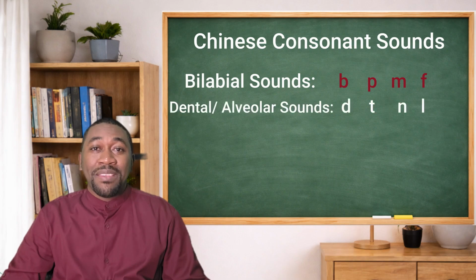Now we're going to move on to the second set of sounds called the dental sounds. And these sounds are made with the tongue either touching or being near to the teeth.